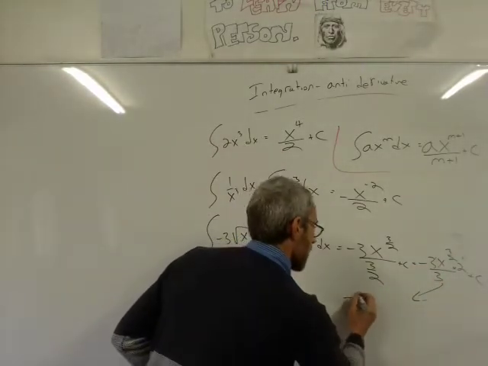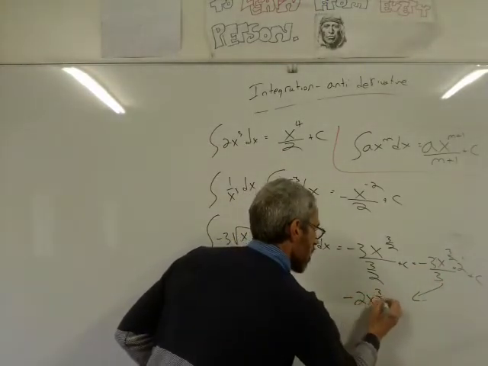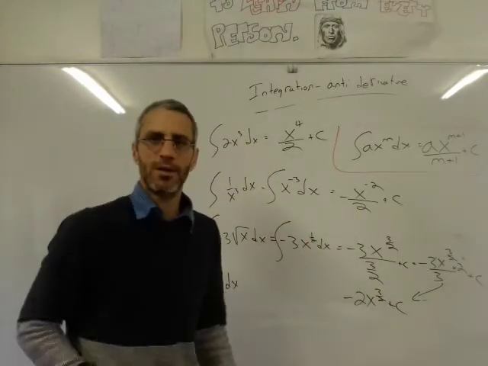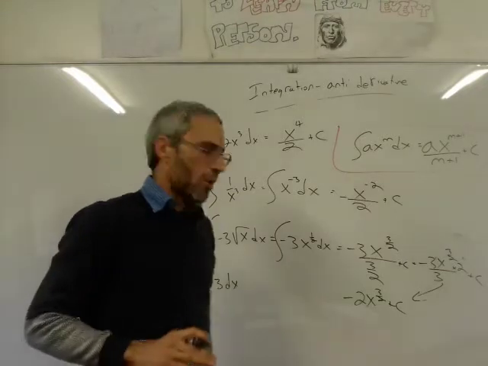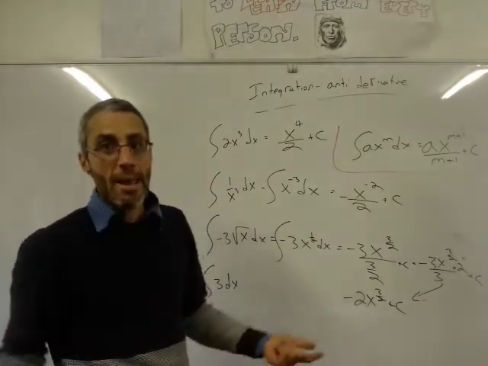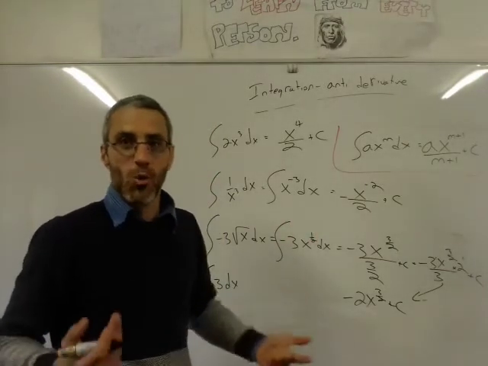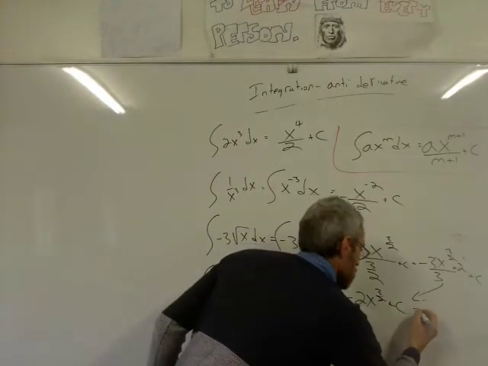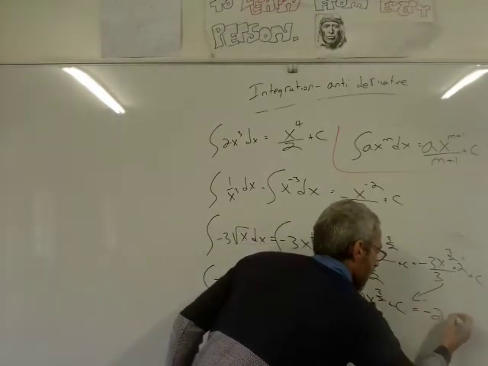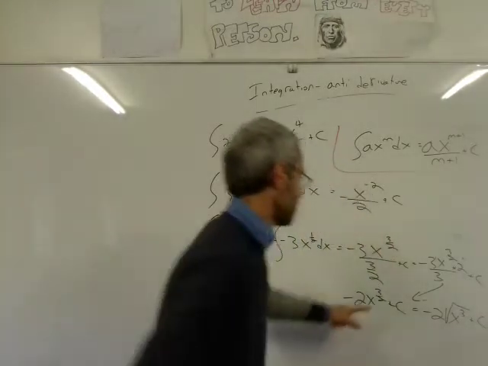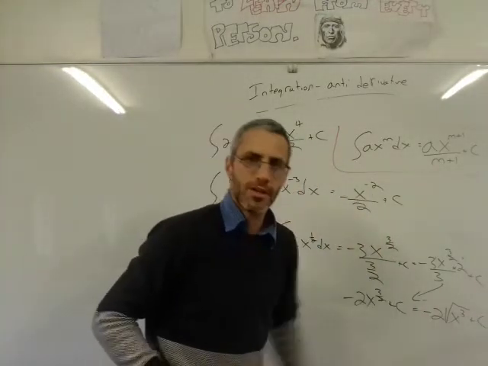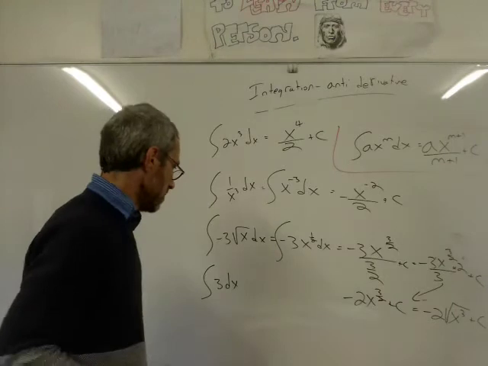So I'm going to have minus 2x to the power of 3 halves plus c. Okay? Now, that is mathematically absolutely fine. I would recommend you leave it like that. Maybe they'll ask you to write in terms of squares and stuff like that. Then you can also write it as minus 2 times the square root of x cubed plus c. Right? That's the same thing as that. And you guys know why.